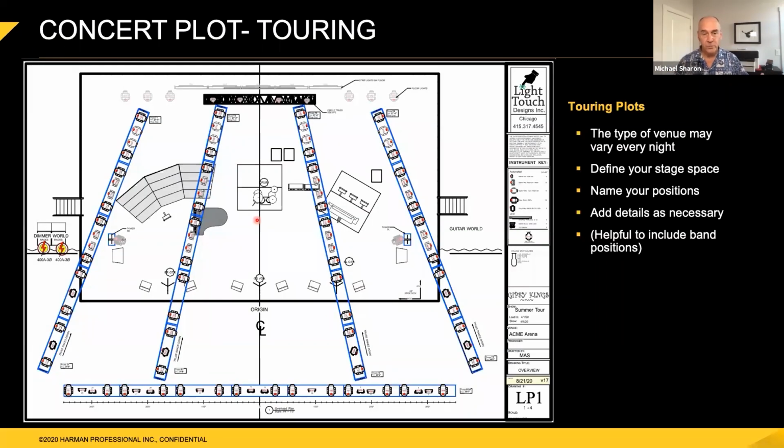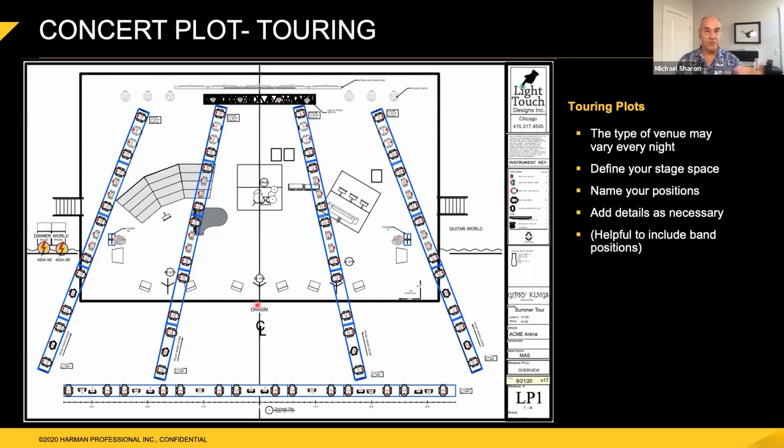Here you're coming in with your own scenario, your own trusses and all the other stuff, and you're basically defining your space potentially uniquely every time you do it. So with this, you really need to describe what is your space. Typically, what we'll do is we'll decide that the front lip of the stage at center is going to be our origin, so that everything we measure off from that point.